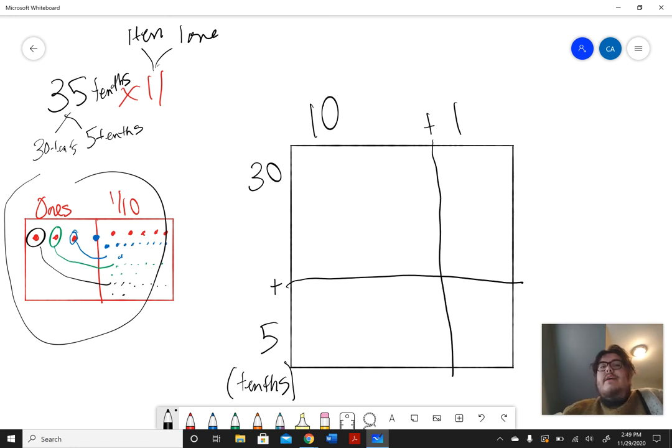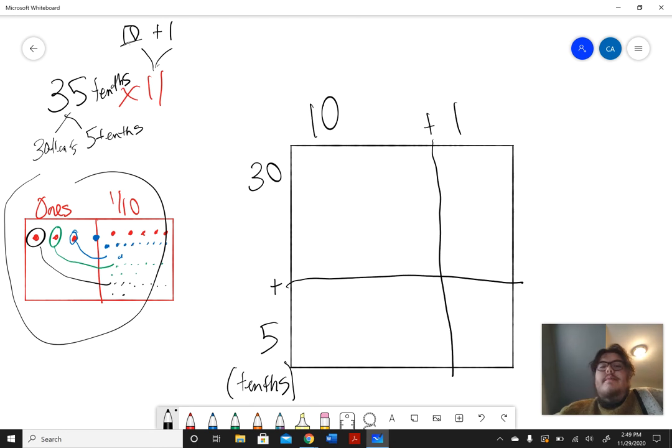Actually, if we think about this, when we show 10 plus 1, we're showing this as 10 ones and 1 one, just like down here, we had 30/10 and 5/10. See, it's all coming together, it's making sense now.